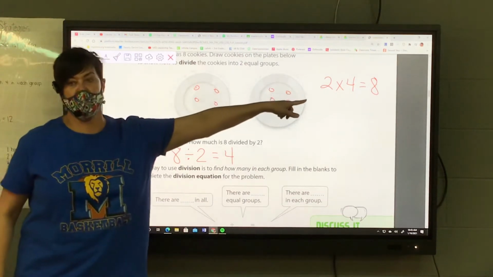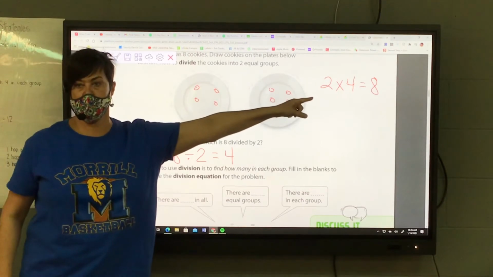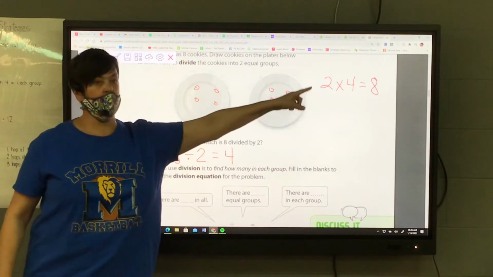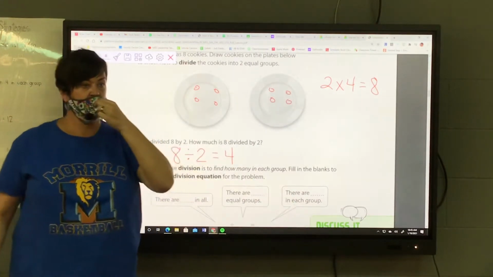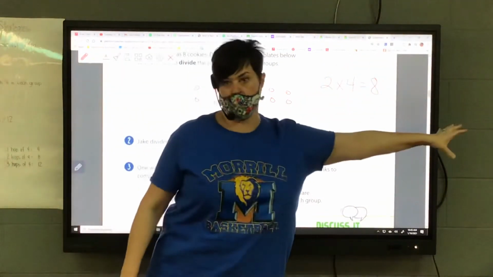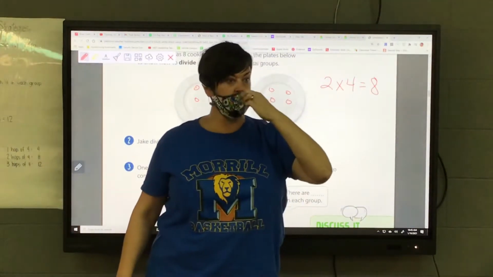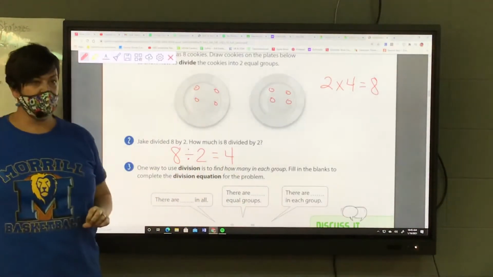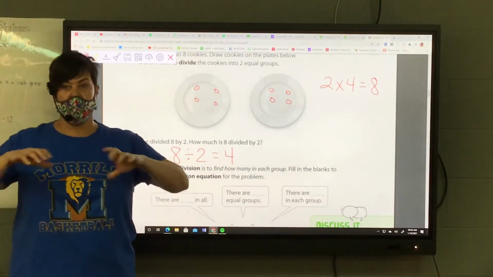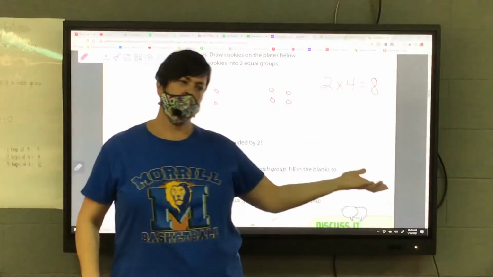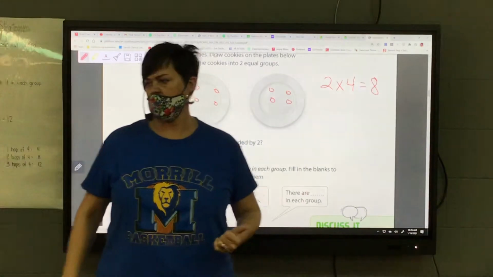Look in the multiplication sentence that we created, or that I wrote for you. 2 times 4 equals 8. We go from smaller numbers to a bigger number for our answer when we multiply. What happens when we divide? We start out with a bigger number and end up with a smaller number, right?